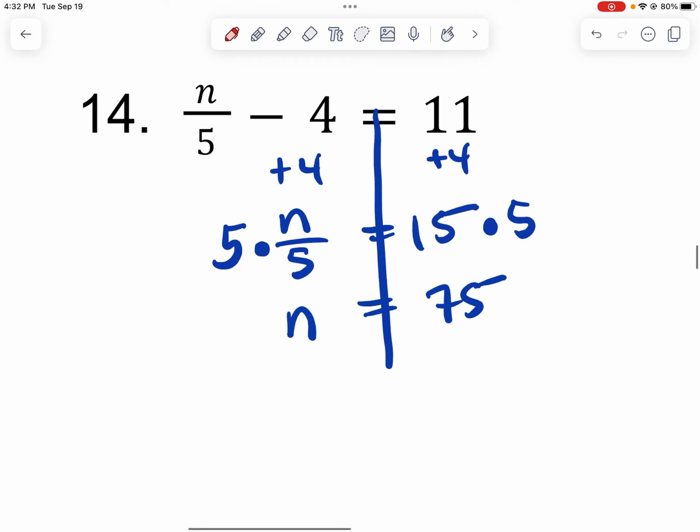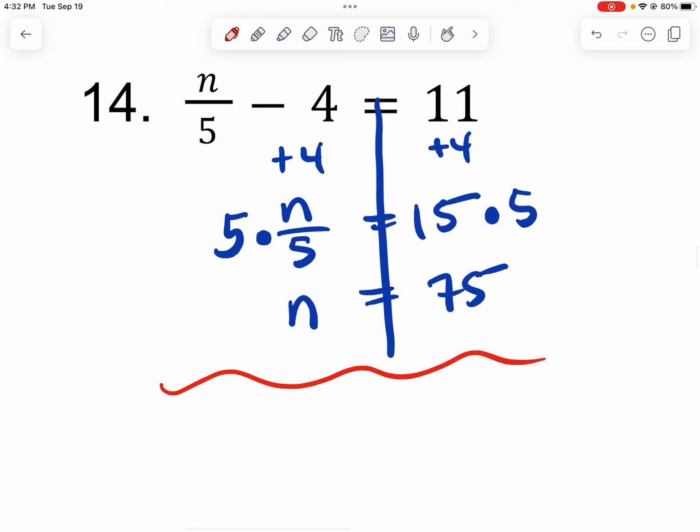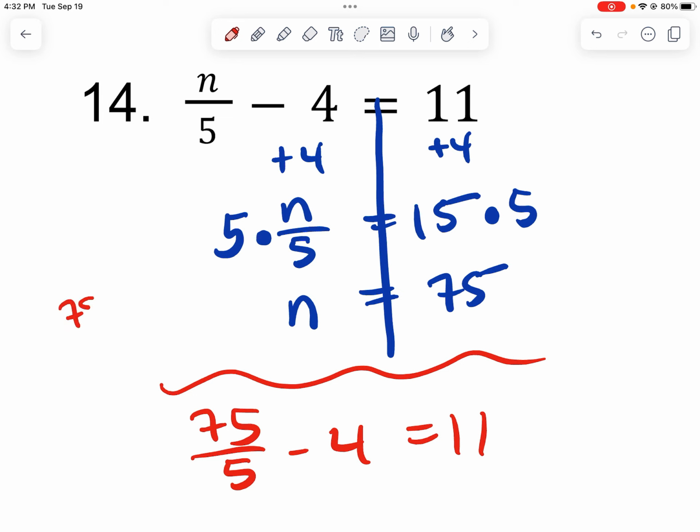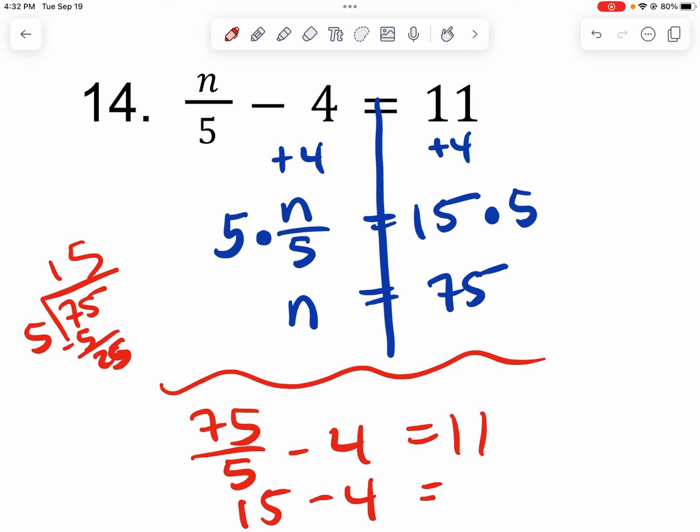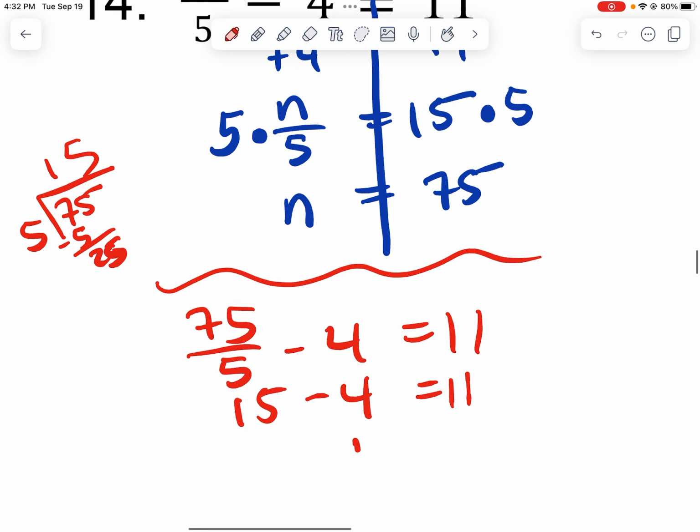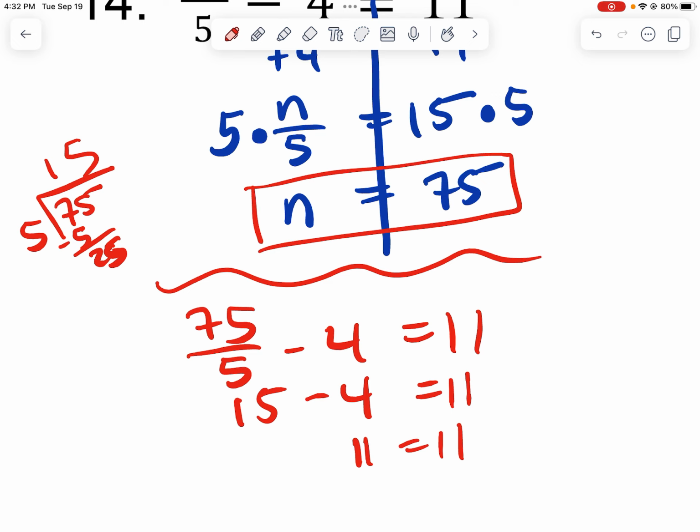So I'm going to plug that back in. 75 over 5 minus 4 equals 11. 75 divided by 5 is 15, so 15 minus 4 is 11. 11 equals 11, so that is the correct answer.